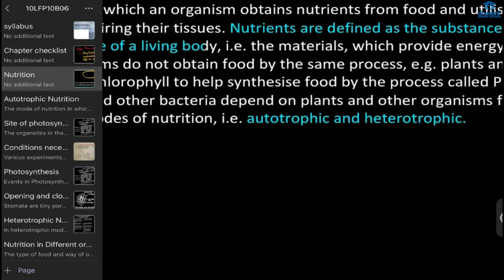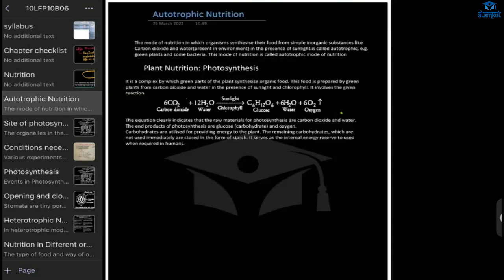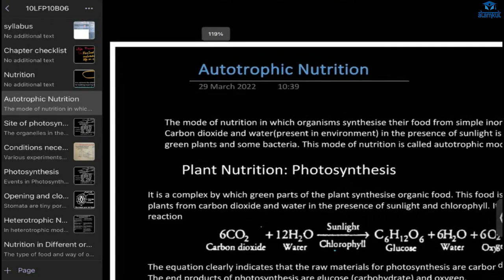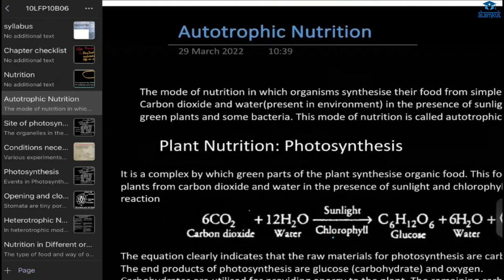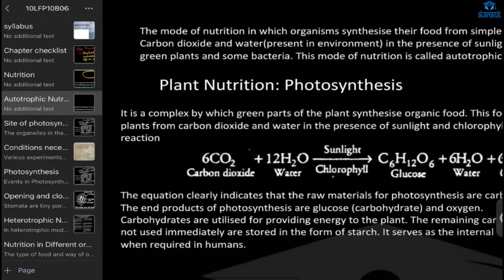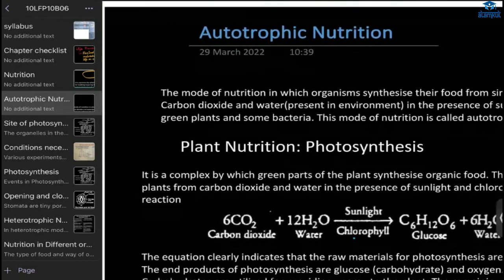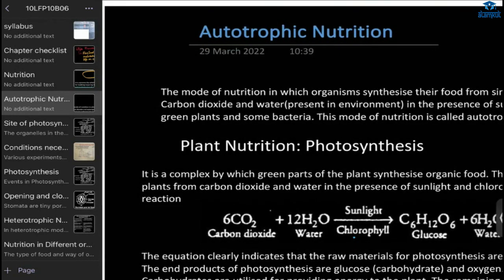First we are going to talk about autotrophic nutrition. Here, auto means self, trophic means nutrition; it can make its own food. This autotrophic nutrition is found in green plants and algae.